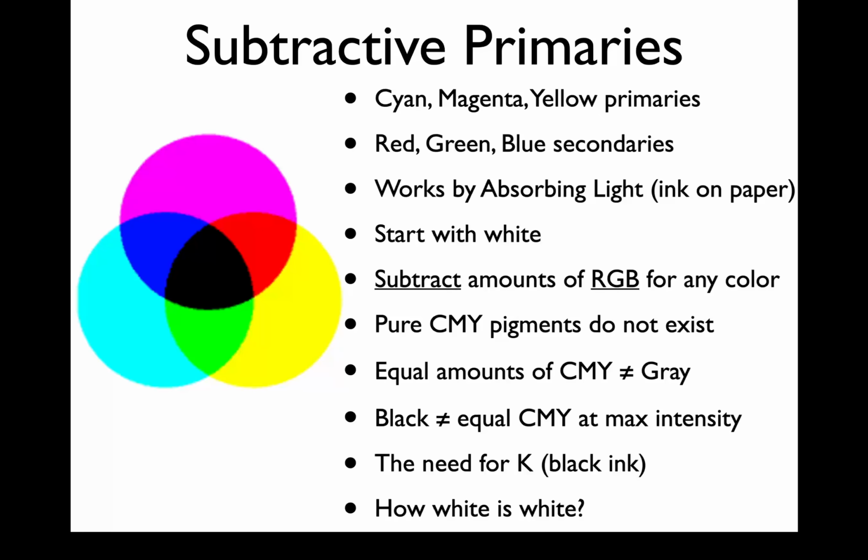So how white is white? Can this piece of paper get any whiter? How? Say what? Add light. It's not going to get any whiter. It might reflect more light, but it won't be any whiter.